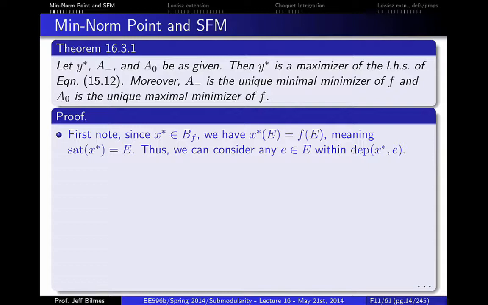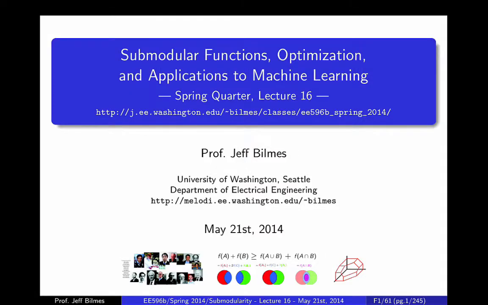Okay, so what the theorem is saying is that, let's say that y star and A minus and A naught are given. So we've got this guy, right? And the theorem states that y star is the maximizer of the left-hand side of that min-max inequality. Remember the min-max inequality?